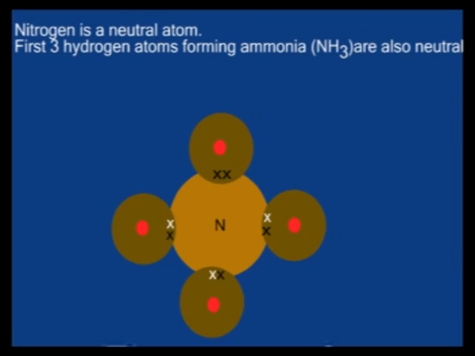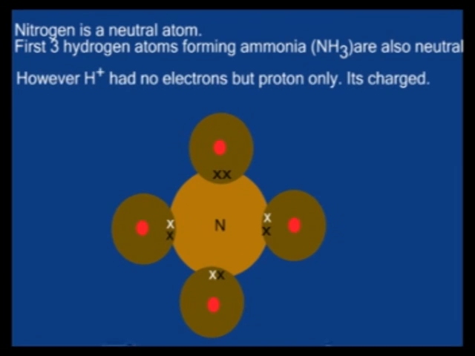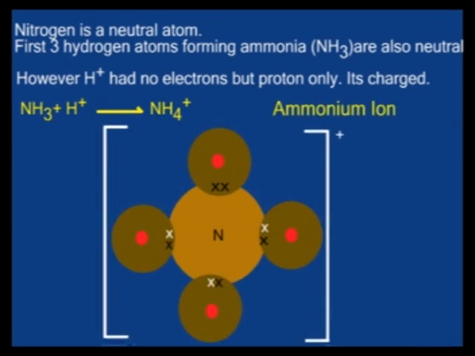Similarly, the first three hydrogen atoms that formed ammonia are neutral, each with one electron and one proton. However, the hydrogen ion had no electrons and was thus positively charged, and therefore it introduces a positive charge with the net effect that the formed molecule has a net positive charge, and we call it an ammonium ion.